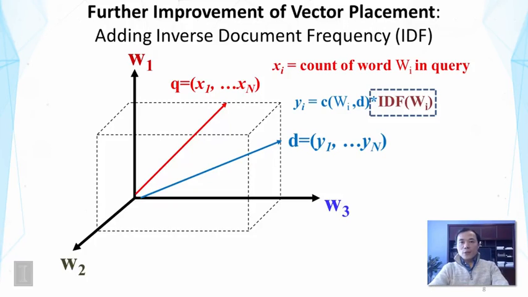And so the way to incorporate this into our vector representation is then to modify the frequency count by multiplying it by the IDF of the corresponding word as shown here. If we can do that, then we can penalize common words which generally have a lower IDF and reward rare words which will have a higher IDF.